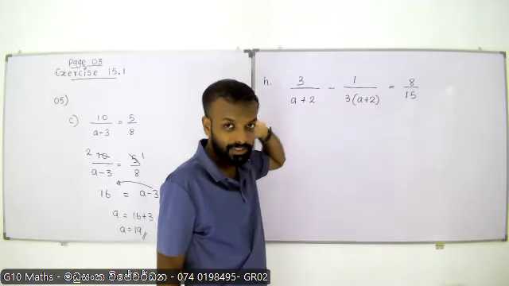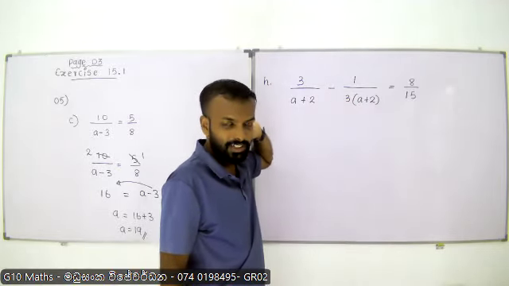So you cannot divide it by that, the thing that we did in the previous question. So here 3, 1 and 8 there are no common terms, and here 1, 3 and 15. Yeah, 3 and 15 is common, but here you do not have any.